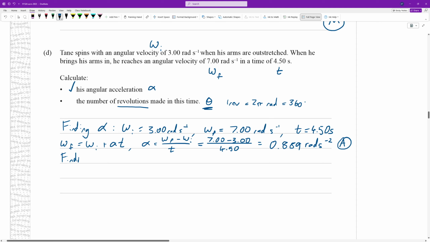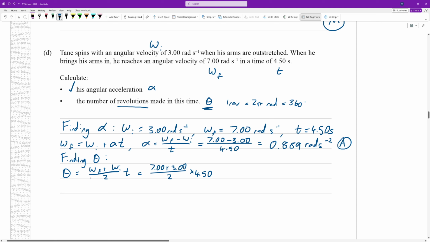So finding angular displacement, I'm not going to list out what we have again because I already have. I'm just going to state the formula, which was final plus initial over 2 times t. So 7 plus 3 over 2 times 4.5.